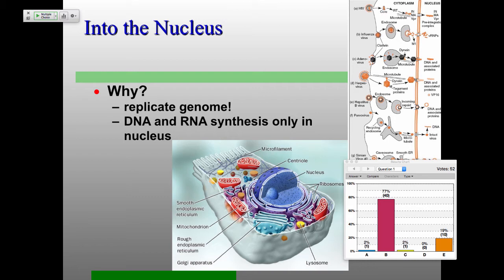Why do you have to get to the nucleus, and why do so many of these guys over here have this nuclear localization that's part of this entry process? Again, clearly DNA genomes, everything happening with DNA is happening in the nucleus. So anytime you've got a double-stranded DNA virus, a single-stranded DNA virus, a retrovirus, all of those guys have to go to the nucleus in order to replicate.